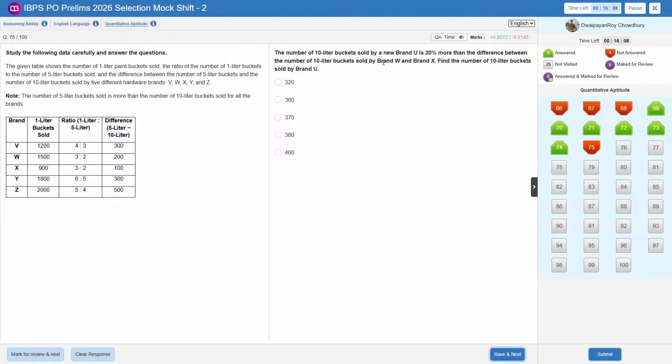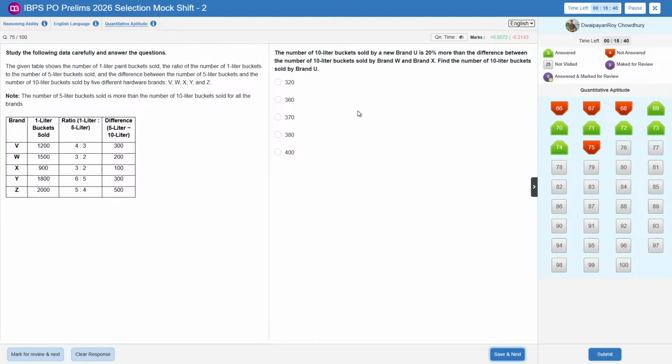The number of 10 liters by U. So U, where is U? Okay. Brand U is 20% more than the difference between 10 liter by W and X. So I have to calculate them, right? So 15, 9, so 5,800, 93600 and 500.